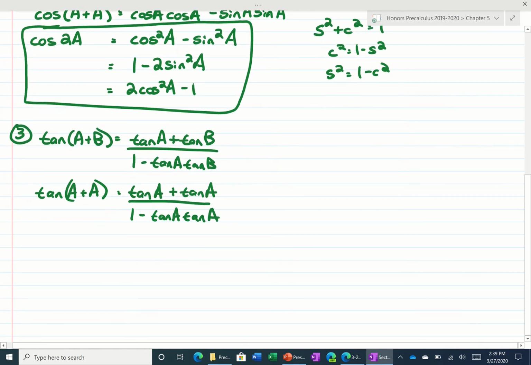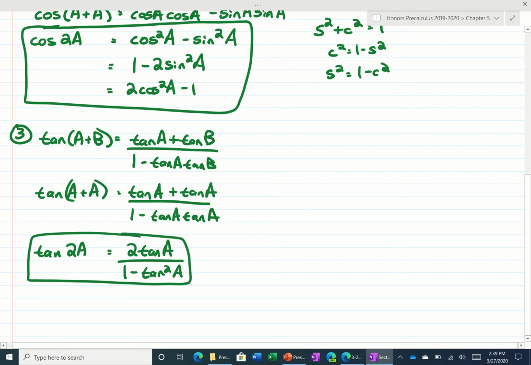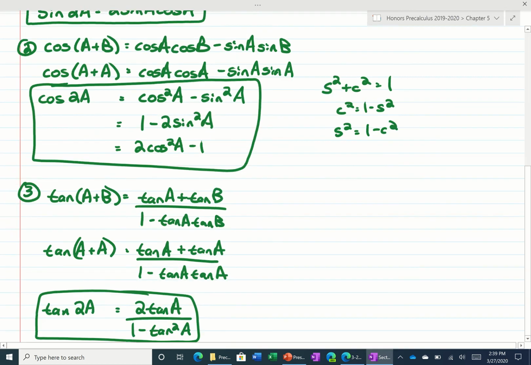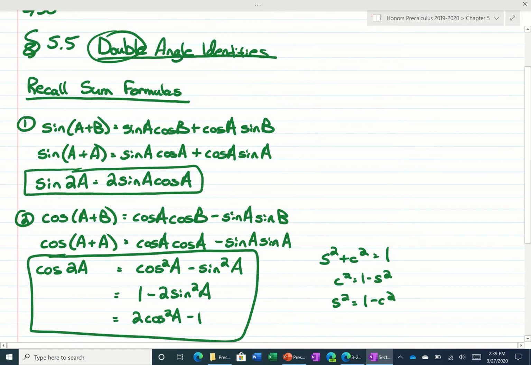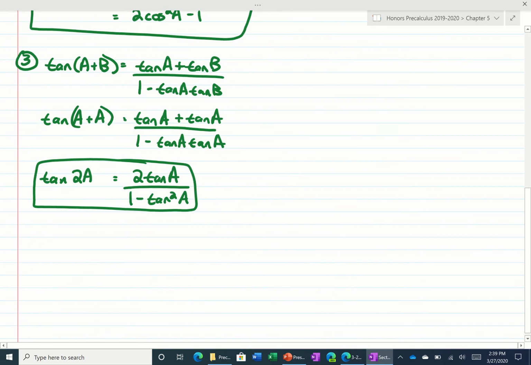So we do get another formula for a double angle. Tangent of 2a is now 2 times the tangent of a divided by 1 minus the tangent squared of a. Those three things that I highlighted are called double angle formulas. And I'll show you some examples of when we're going to be using them.